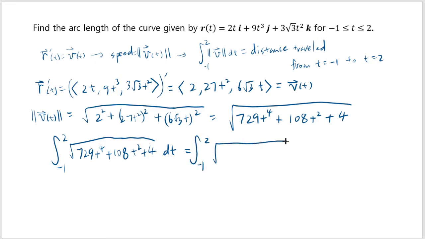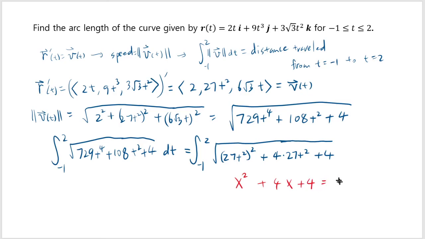And so remember how 729t to the 4th was 27t squared, squared? Now 108t squared also happens to be some multiple of 27t squared. So this is 4 times 27t squared plus 4. And for a moment, just think about 27t squared as x. Then it's x squared plus 4 times x plus 4, right?